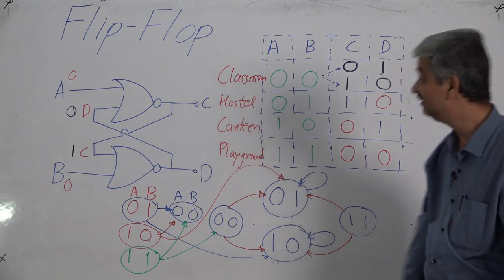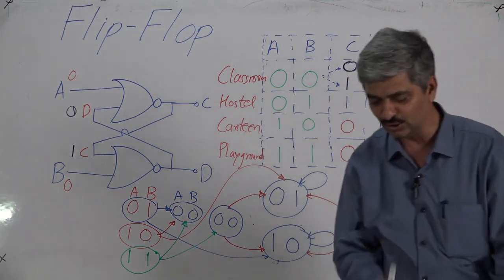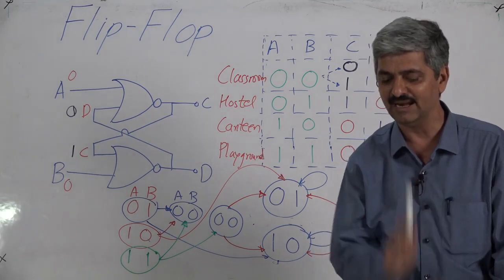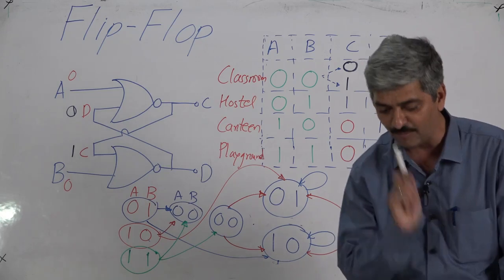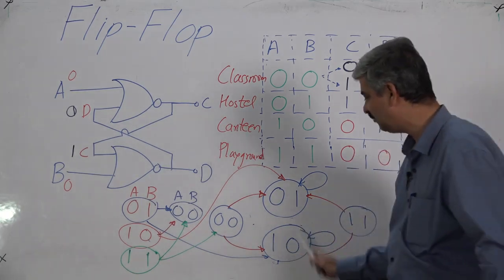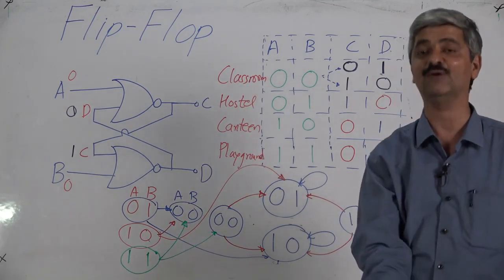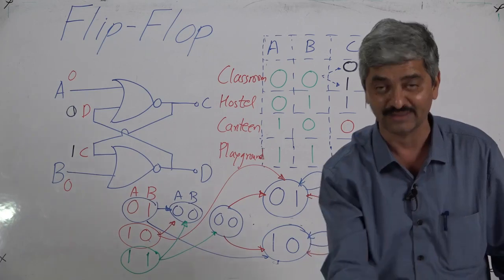I repeat, this 0, 1, the C equal to 0 and D equal to 1, can remain if A is equal to 0 and B equal to 0, and it can be obtained for A equal to 1 and B equal to 0. C equal to 1 and D equal to 0 can remain for A equal to 0 and B equal to 0, and it can be obtained for A equal to 0 and B equal to 1.